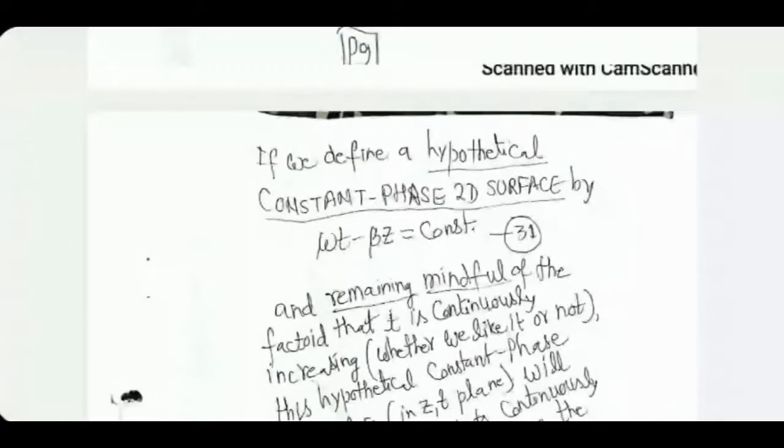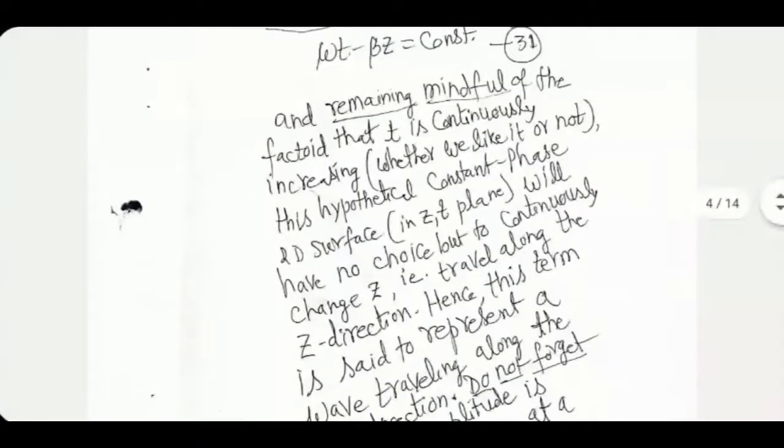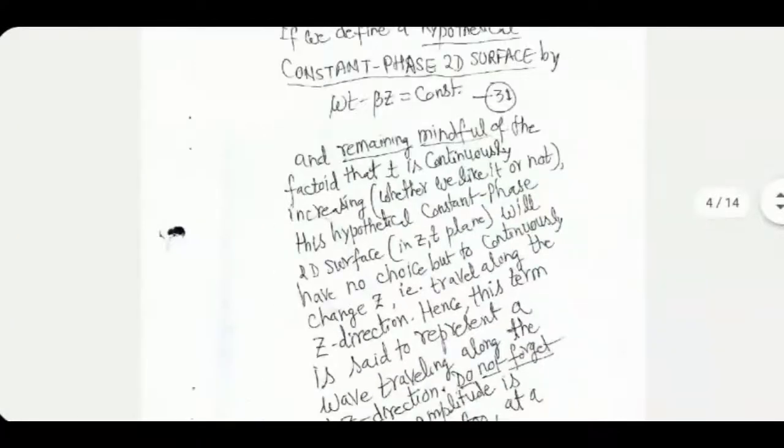It is dictated by omega t minus beta z equal to some constant. And if you want to maintain constant phase on it, this surface has to travel at a speed because time is continuously increasing. That speed is given the name phase velocity of the wave.